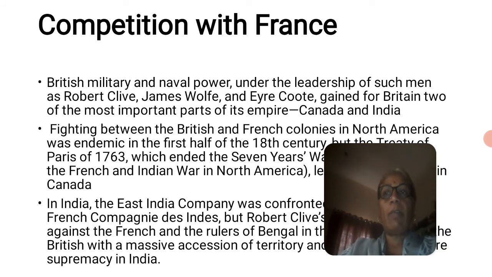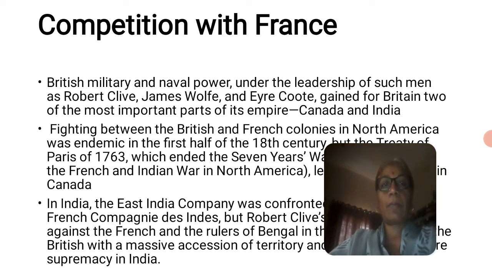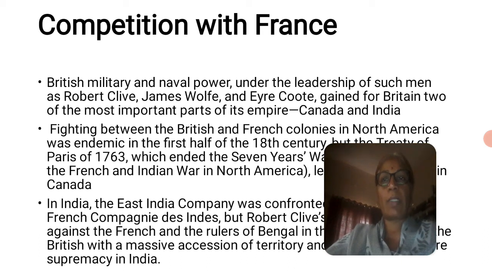British military and naval power under the leadership of Robert Clive, James Wolfe and others gained for Britain two of the most important parts of its empire, Canada and India. Fighting between the British and French colonies in North America was endemic in the first half of the 18th century, but the Treaty of Paris of 1763 ended the Seven Years' War and left Britain dominant in Canada.